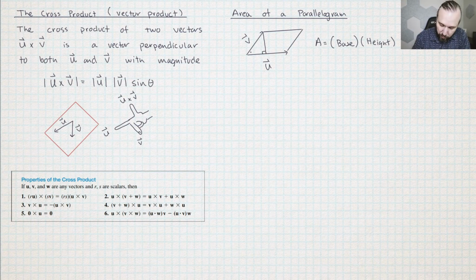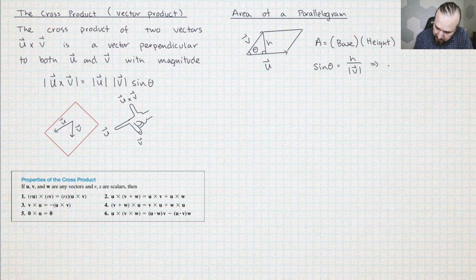So I've got a right triangle to work with. And then I'll name the angle between the two vectors theta, and I'm going to name that height that we're looking for h. Okay, so from right triangle trigonometry, I have an opposite and a hypotenuse. So the sine of theta is equal to the opposite over the hypotenuse. The hypotenuse there is going to be the magnitude of v.